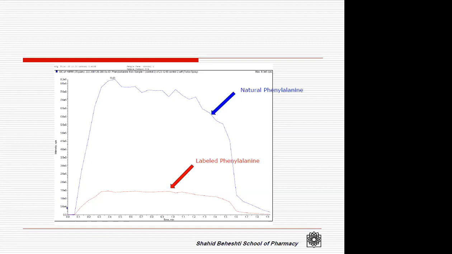13 amino acids and 13 acylcarnitines are monitored together, and the whole process of monitoring takes 2 minutes.